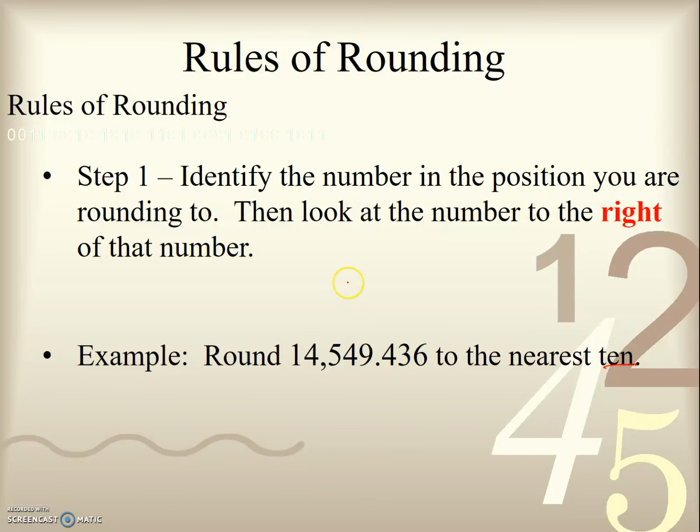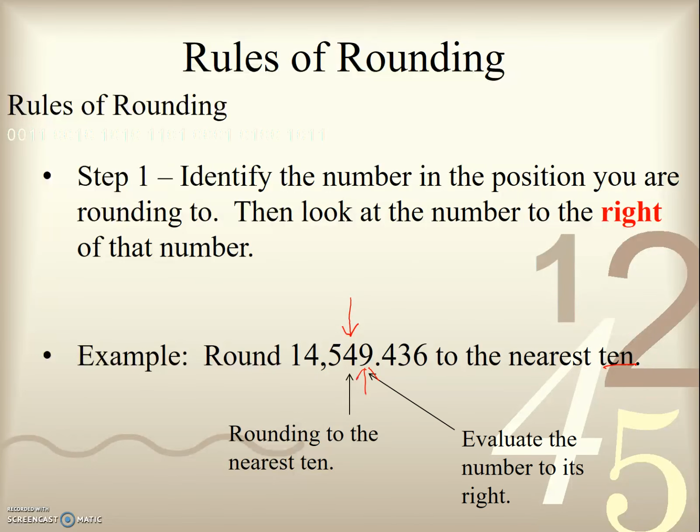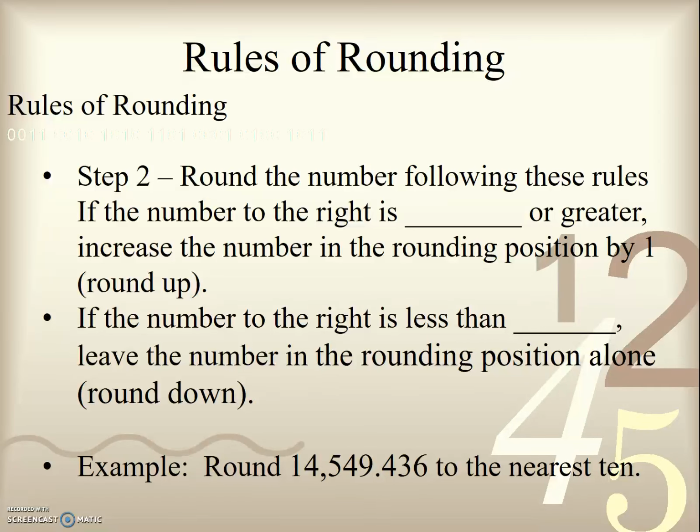All right, you should have either said out loud or mentally identified that we are looking at the 4. So that's the number in the position that we are rounding to. Then we're going to look at the number to the right of that number. You should have identified that we will be looking at the number 9 right there. Okay, so rounding to the nearest 10, and we're going to evaluate the number to its right.